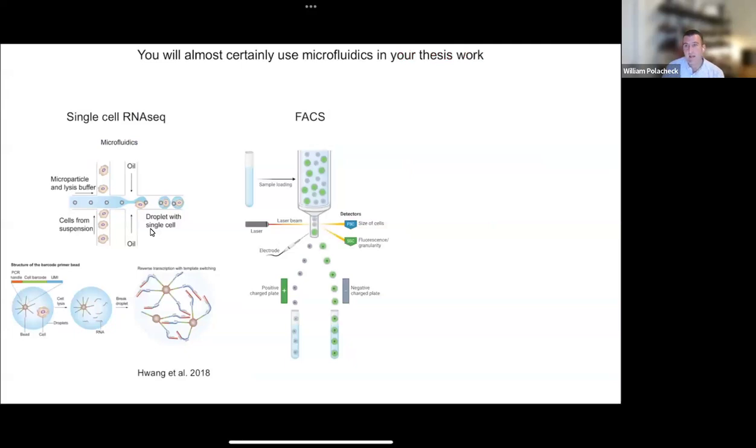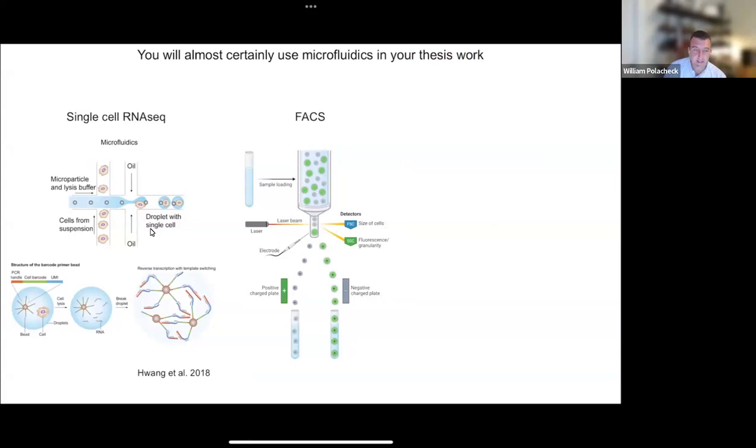One quick note is that although my lab's expertise and my research for most of my career has been on microfluidics for mechanobiology purposes, there are many, many applications of microfluidics. And in fact, you almost will certainly use a microfluidic device in one form or another in your own research, in your PhD. These are just 2 examples.